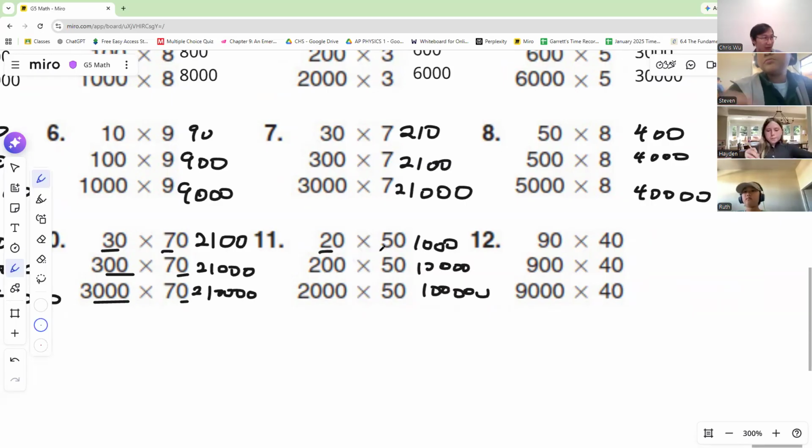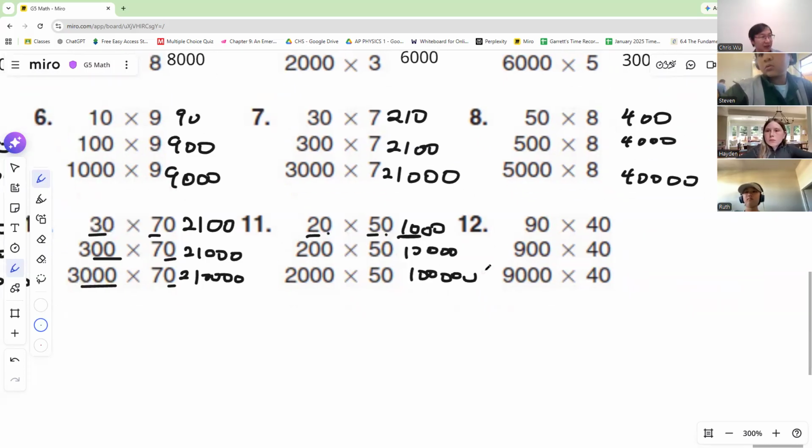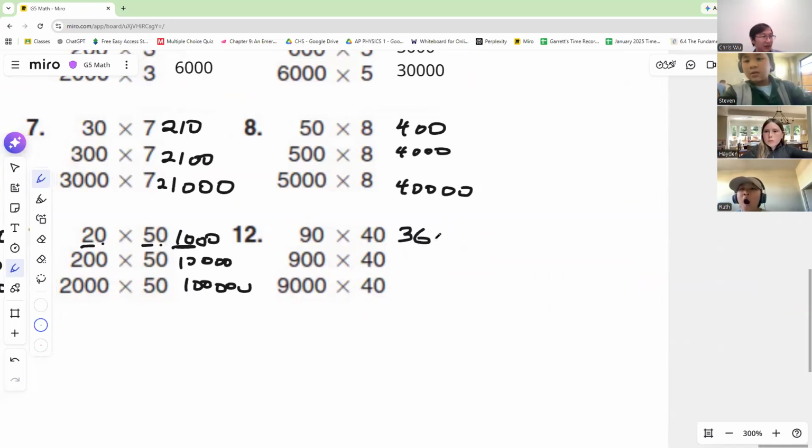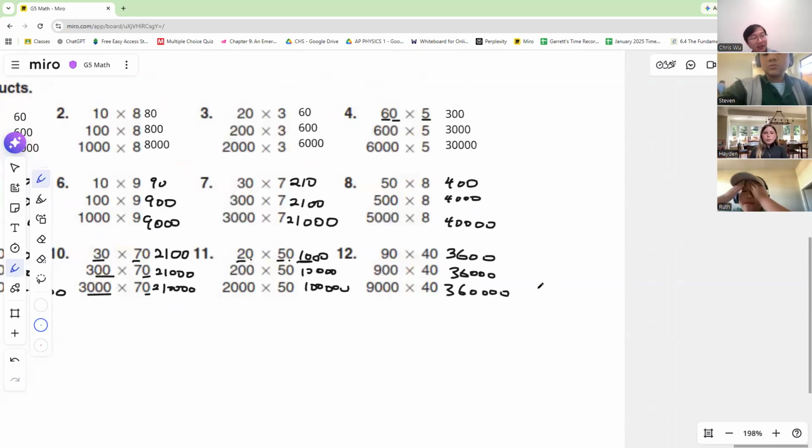Good, because 2 and 5 will give you a 10, and then you still have 2 more zeros to add up, right? So that's that. Good. And then Stephen? 3,600, 36,360. Yep, good job. Okay, good.